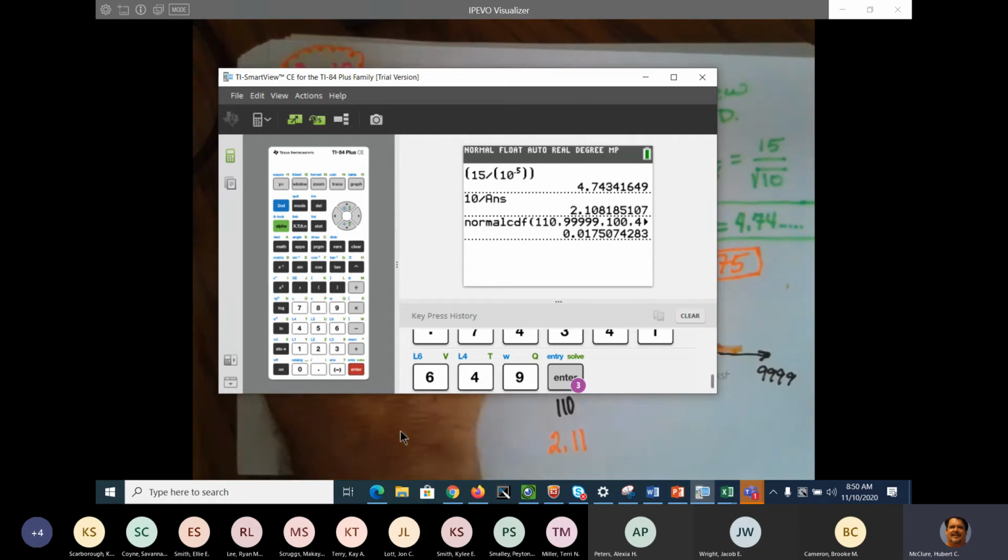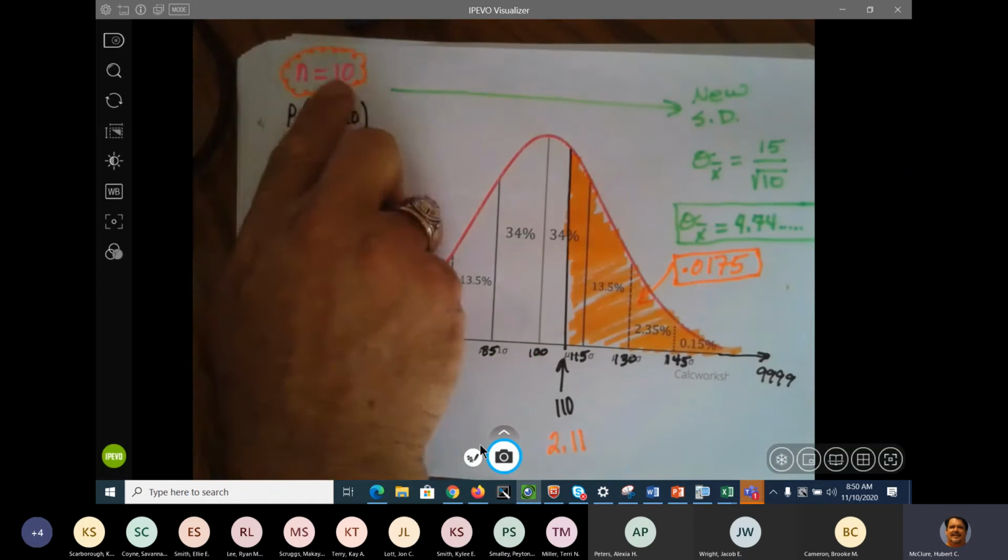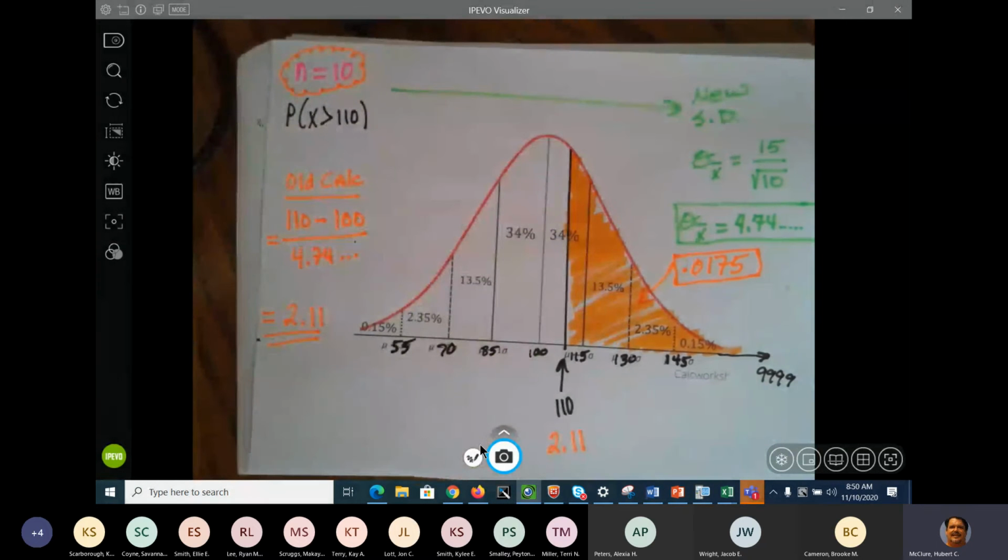If they give you a new n in chapter 8, you can't apply the empirical rule, because the empirical rule is only with the given information of mu equal to 100 and standard deviation 15. As soon as you throw that new group of people in there, you can't use the empirical rule.